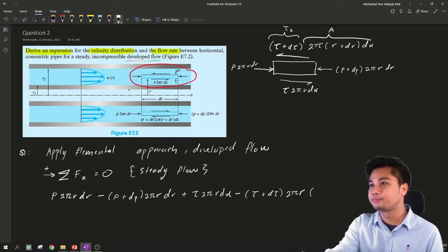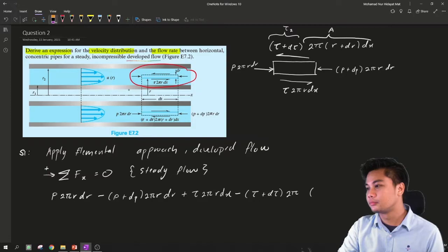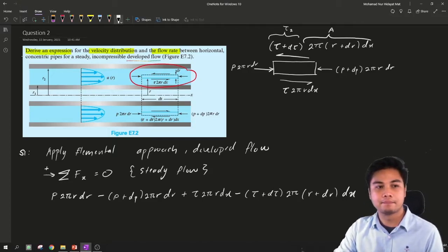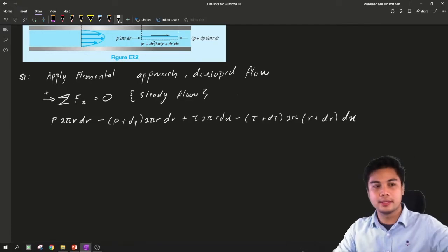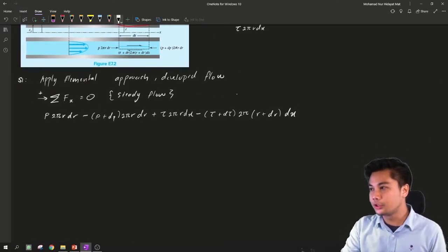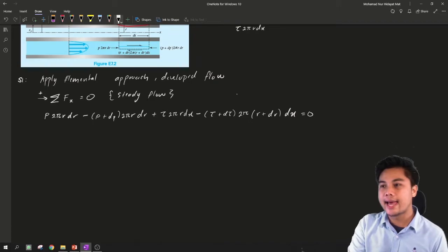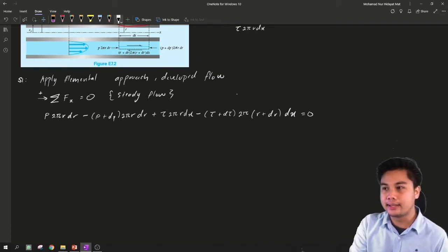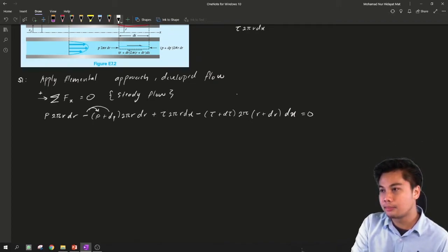This is r plus dr multiplied with dx, equal to 0. You need to simplify further by expanding. This one multiplied with this one, multiplied with this one.